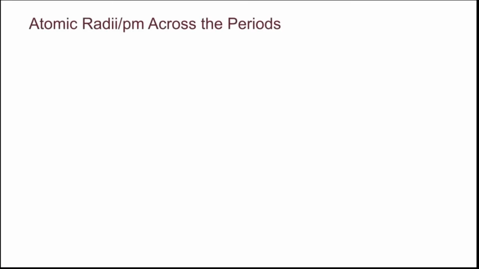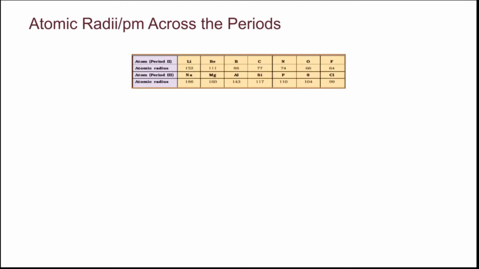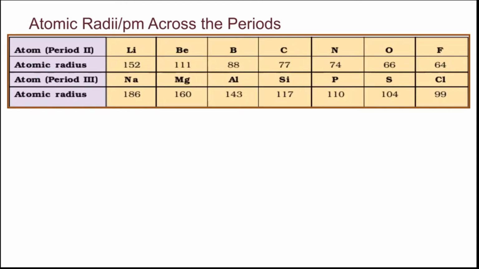Next we shall see atomic radii in picometers across the periods. Here, if you see period 2: lithium, beryllium, boron, carbon, nitrogen, oxygen, fluorine. Lithium has 152, beryllium 111, boron 88, carbon 77, nitrogen 74, oxygen 66, fluorine 64.